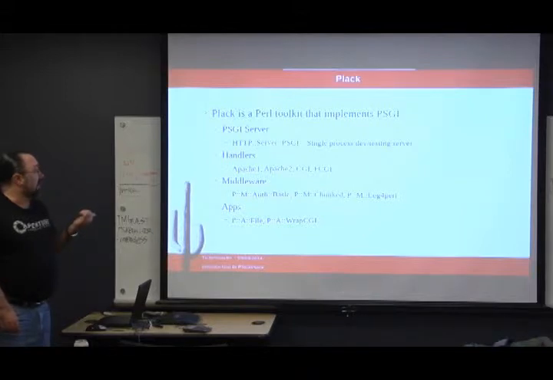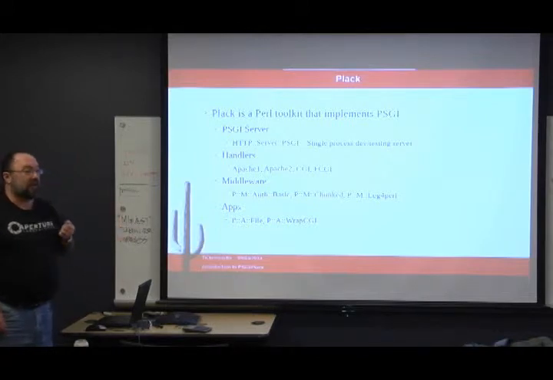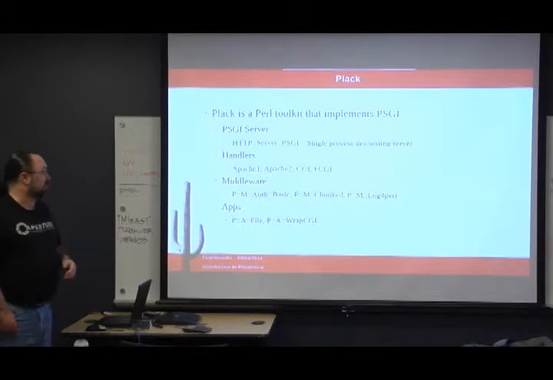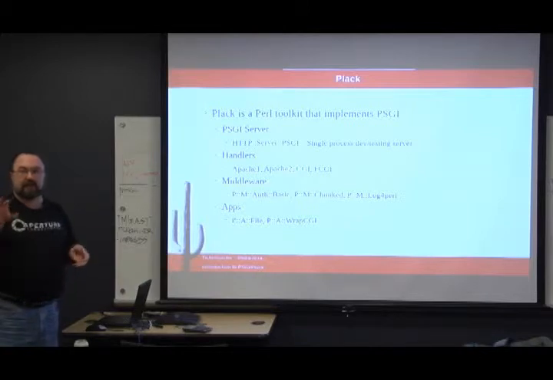It's got all kinds of handlers for mod Perl 1, Apache 1, Apache 2, CGI, FastCGI, all kinds, a lot more than that. I just listed some of the ones that people might be familiar with. And then you've got a bunch of middleware, which we'll talk more about later. You've got Auth Basic, and that's the type of authentication you get just directly from the server.